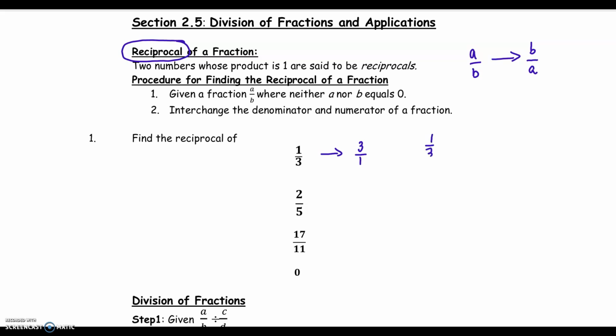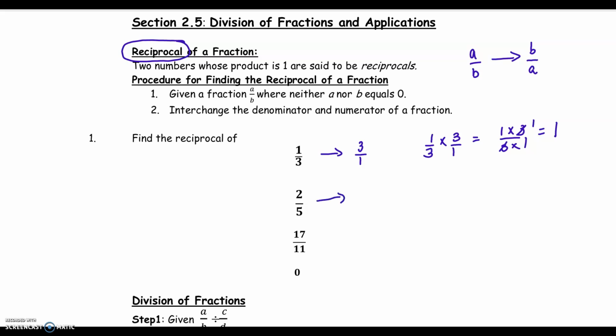And what's special about a reciprocal is when you multiply a fraction with its reciprocal, you get a 1, because 3 over 3 is a 1. Everything gets cancelled, so you're left with a 1.